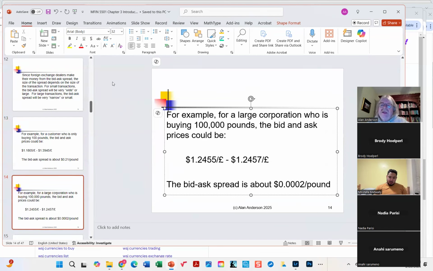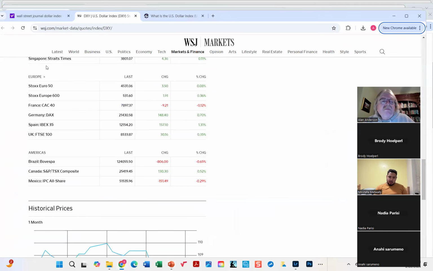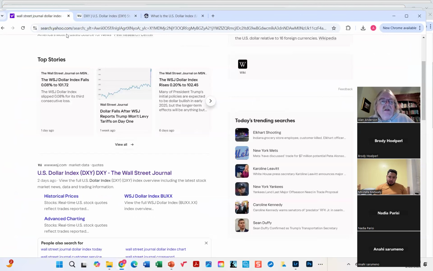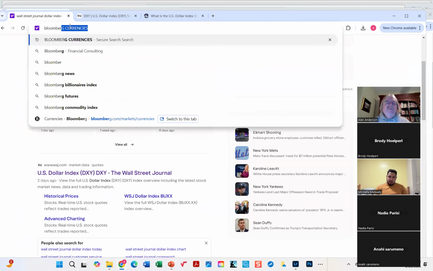Now, what's interesting about this is that if you look at the Wall Street Journal, the prices we were looking at earlier, you didn't see bid and ask spreads. Or let's look at Bloomberg again. There are no bid and ask spreads. There's a single number. And how is that?